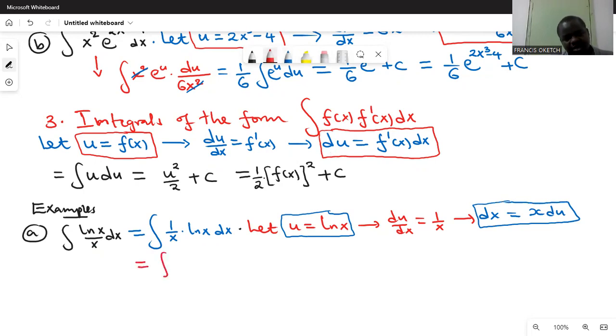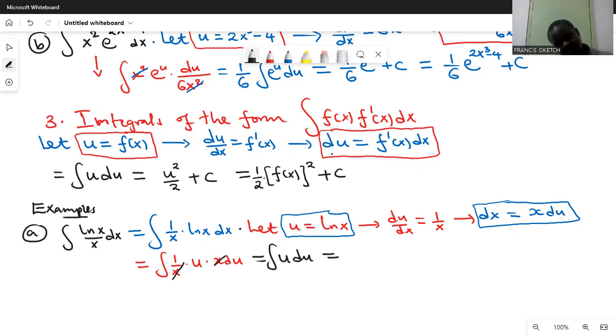So what will your integral become? It will now be the integral of 1 over x times u times x du. So 1 over x will cancel with this other x. So it's like you're integrating u with respect to u.